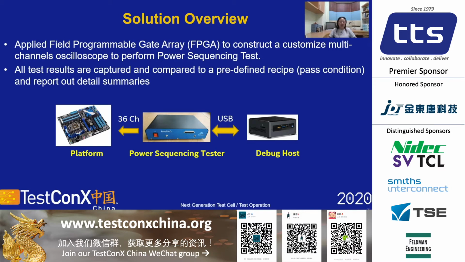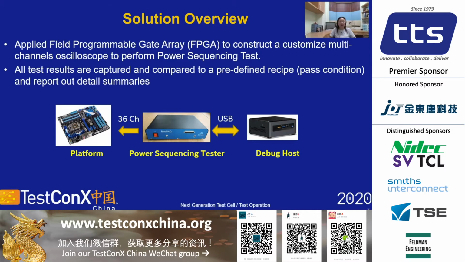So in short, we are using the FPGA, which is a field programmable gate array, to construct this customized multi-channel tester, up to 36 channels, to perform power sequencing tests.